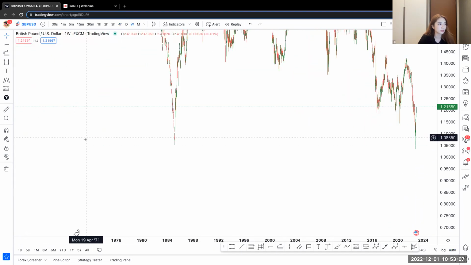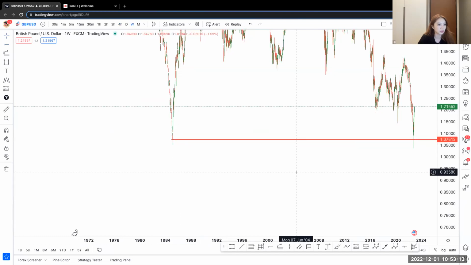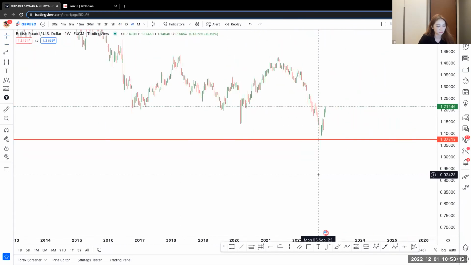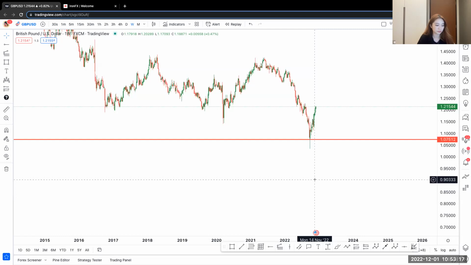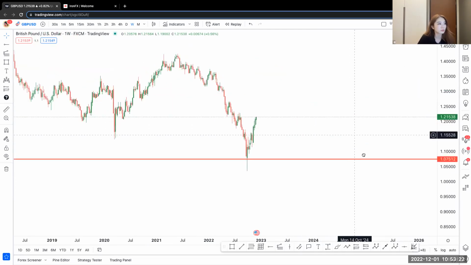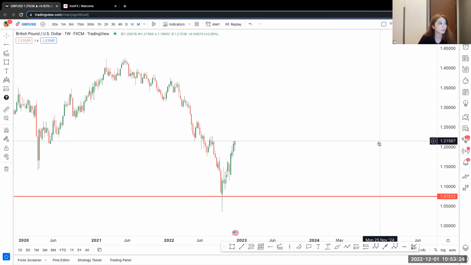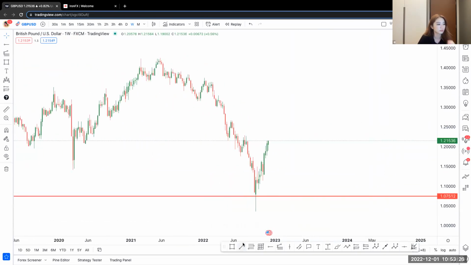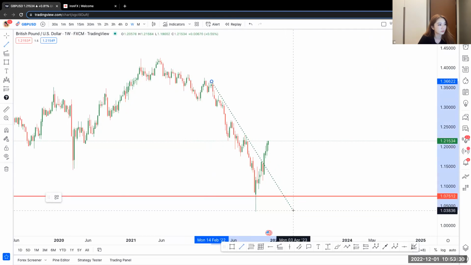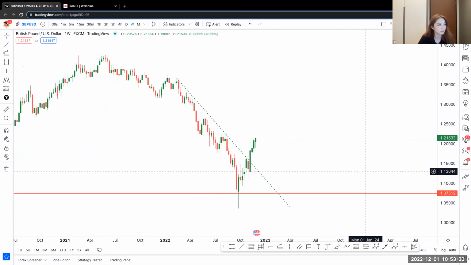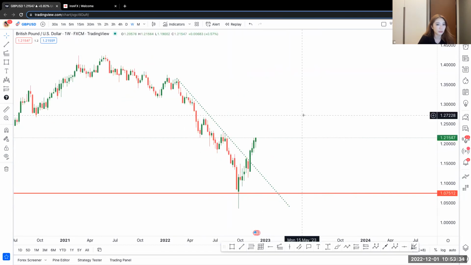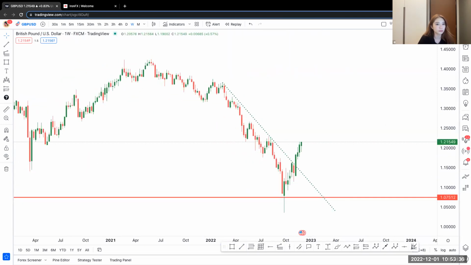This was a very big support. This support was at 1983. Looking at upward movement instead now.